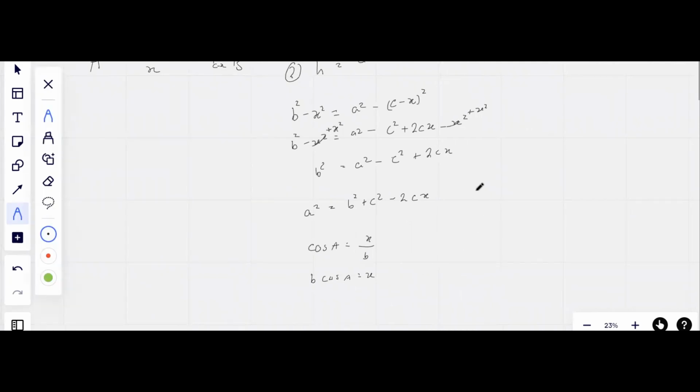So this gives us a squared is equal to b squared plus c squared minus 2bc cosine of A. And because this angle is capital A, we know that the side opposite to the angle must be the one that is shown here.